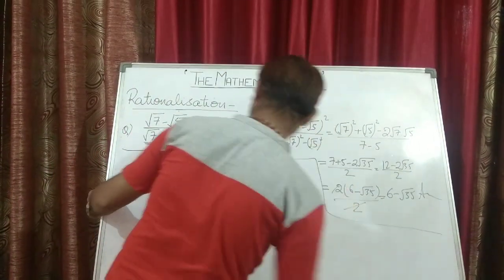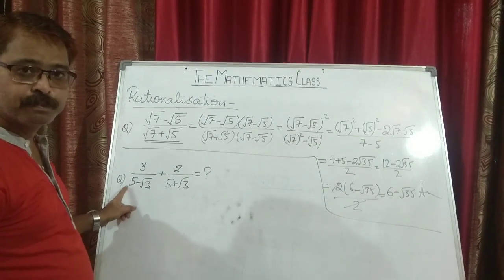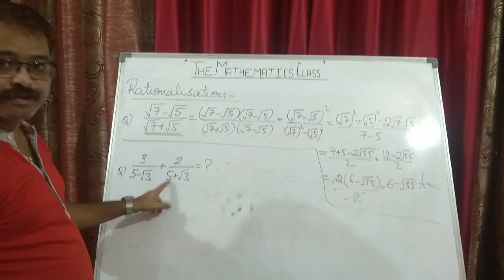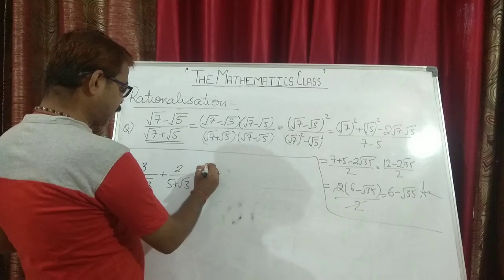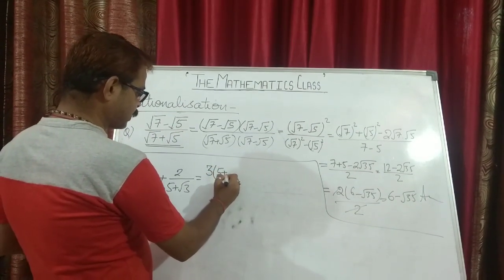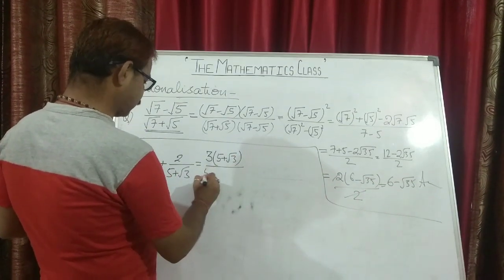So in this, what will be the rationalizing factor? 5 plus root 3. And in this, what will be the rationalizing factor? 5 minus root 3. So what I am going to do, I will multiply by the rationalizing factor, that is 5 plus root 3, in numerator and denominator.